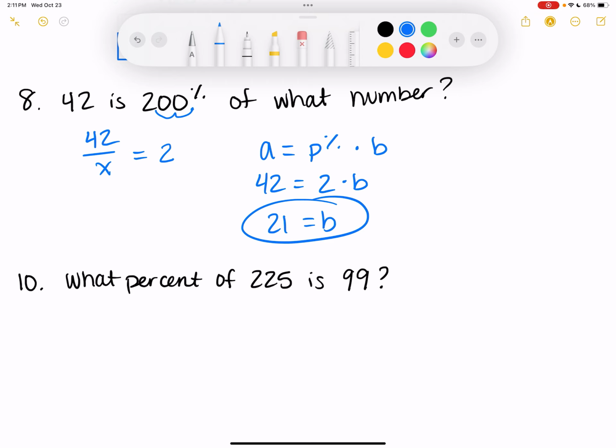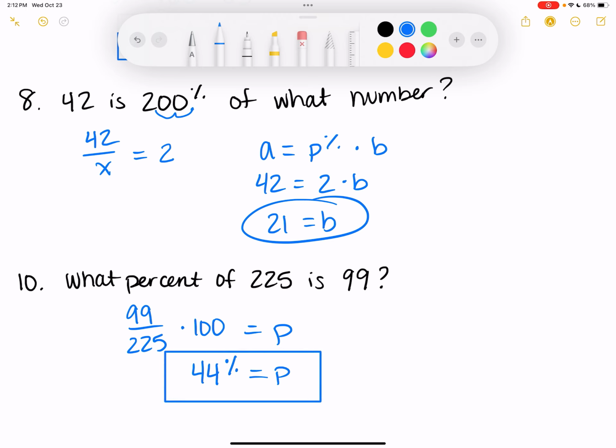That means I have 99 divided by 225. And if I'm trying to find a percent, what do I also have to do? Multiply by 100. So that's going to be equal to P. Somebody with a calculator multiply that and tell me what it is. So 44, and make sure we put that percent sign on there.